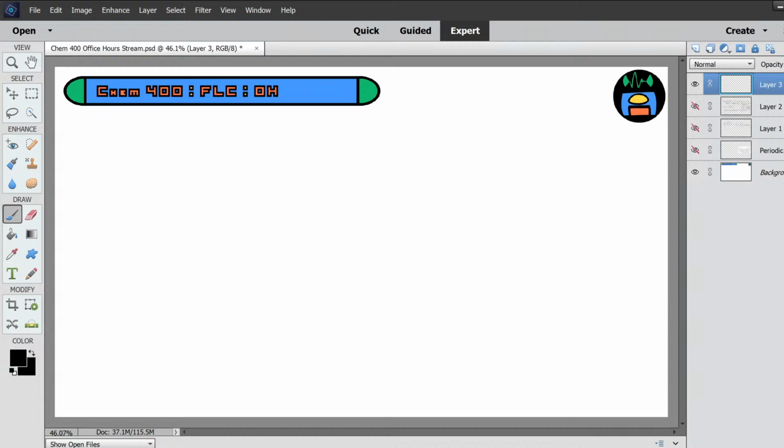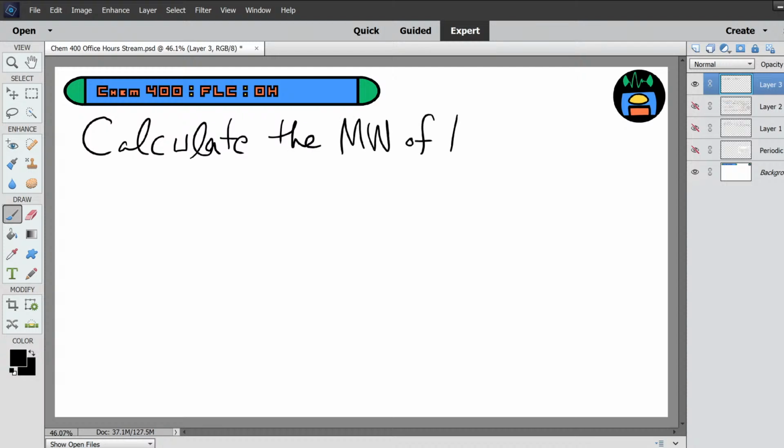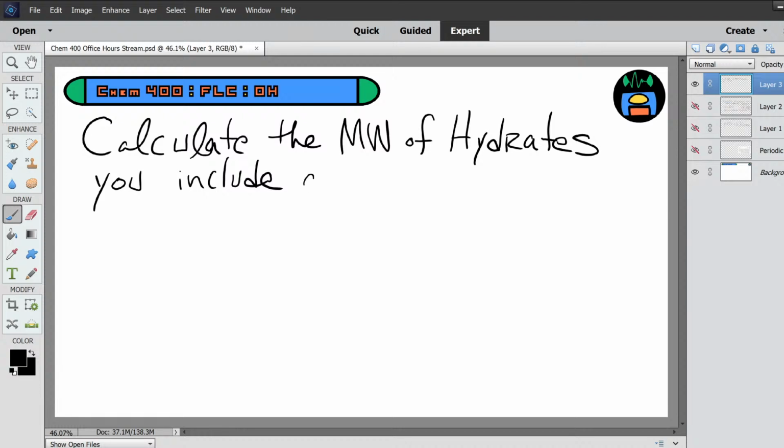When you calculate the molecular weight of hydrates, you include all water molecules.